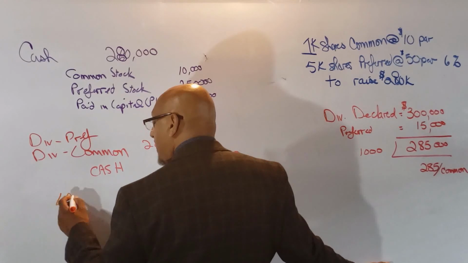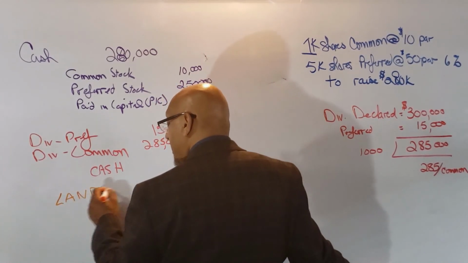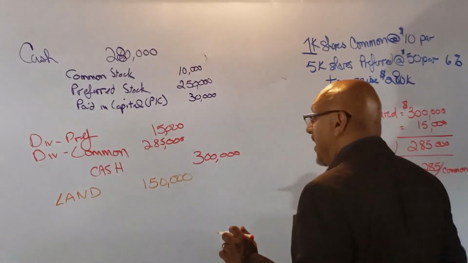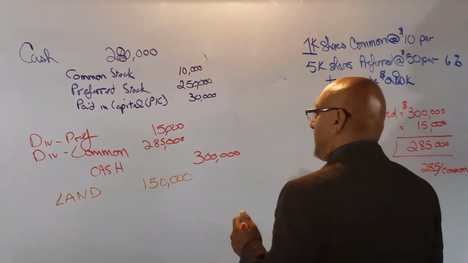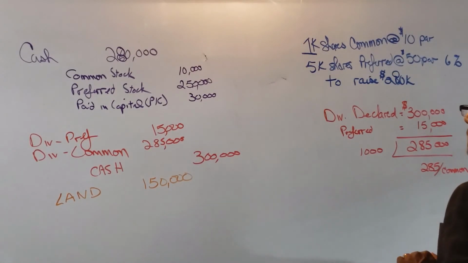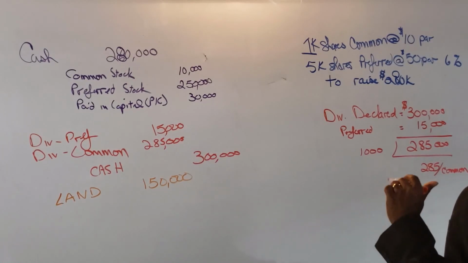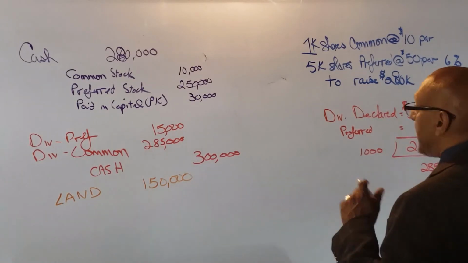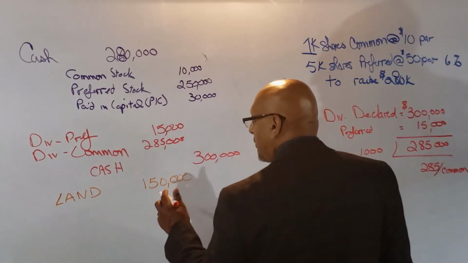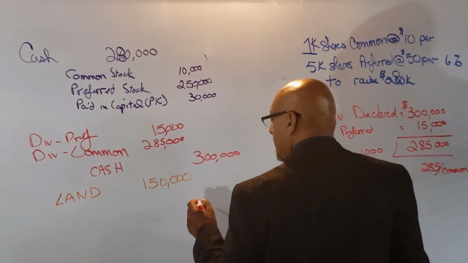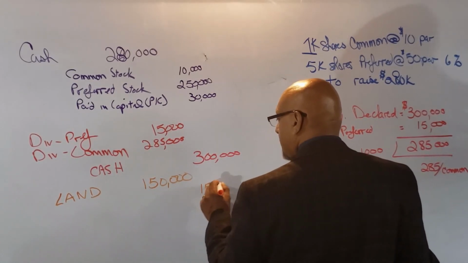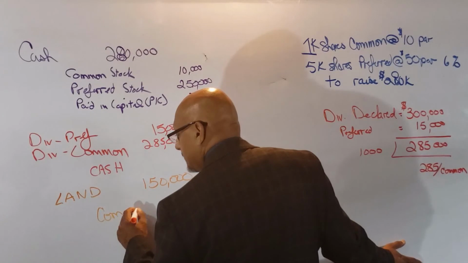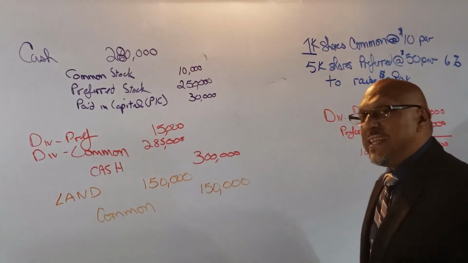Land being a fixed asset increases by $150,000. It's the same par value. So how many shares is that? Well, if we issue shares at par, then it's $10 apiece, so we're going to issue 15,000 shares. There is no paid-in capital here.